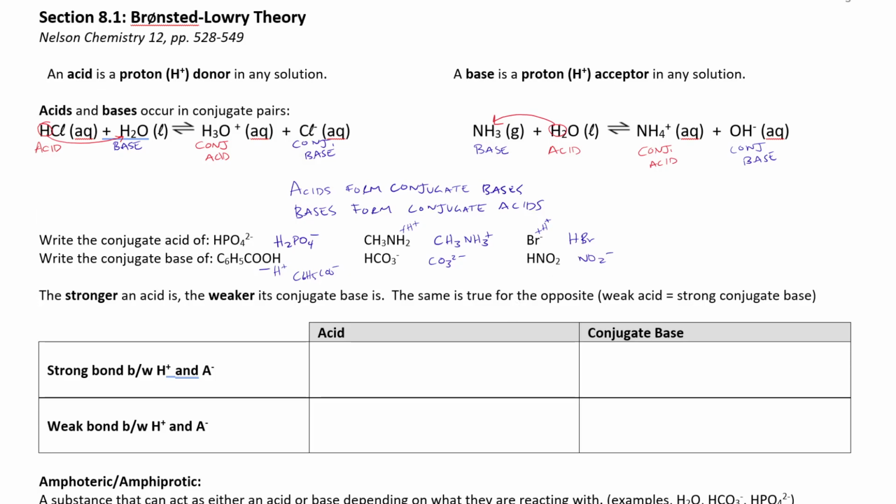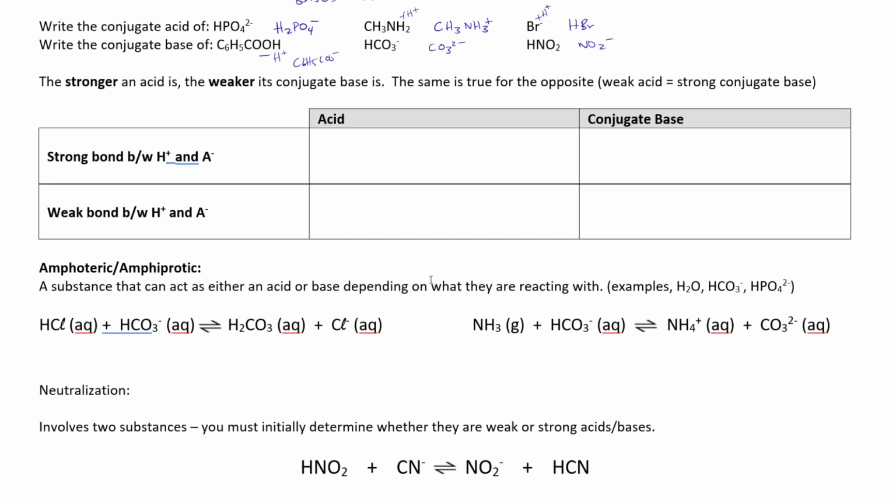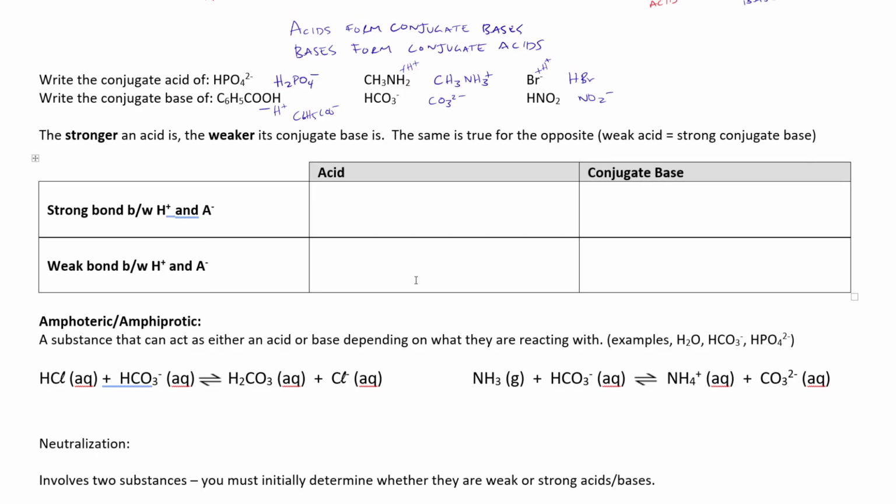So the stronger an acid is, the weaker its conjugate base. The same is true for the opposite. Weak acids equal stronger conjugate bases. So for example, if you have a strong bond between the H, the hydrogen, and its conjugate base, A minus, that's a strong covalent bond.